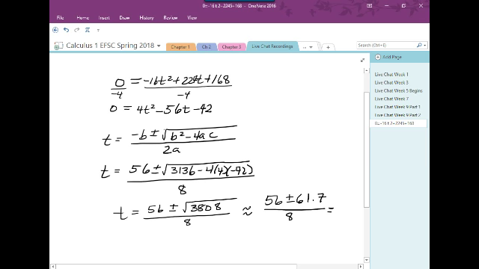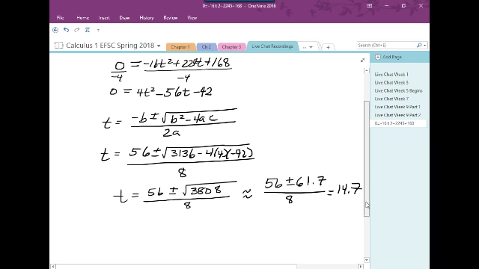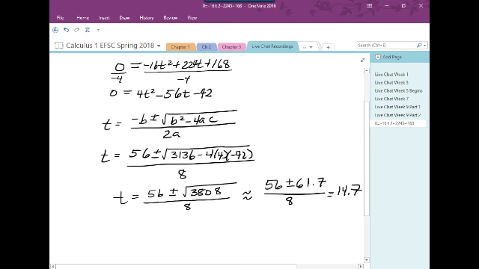Please, at home, if you could double check my arithmetic so that we know if I make any silly errors. 14.7. Okay, so we also get a negative value, but time isn't negative, so I think that we'll be safe just going with one value.